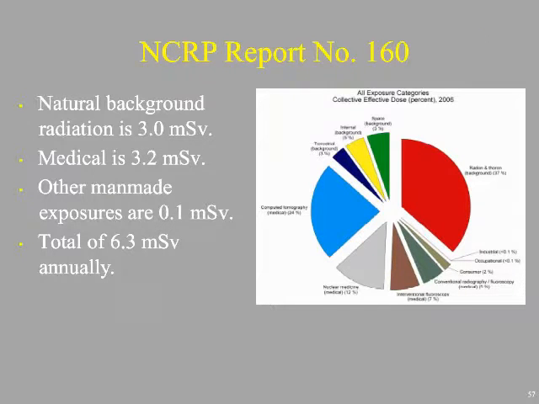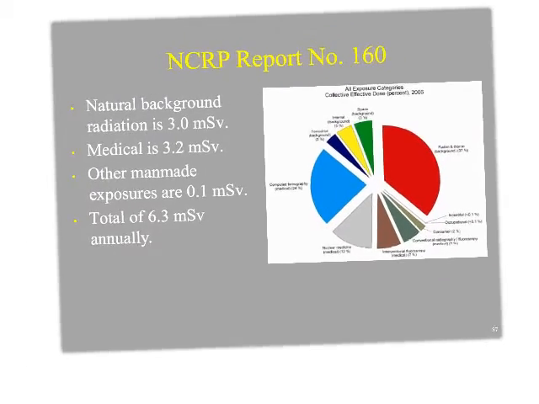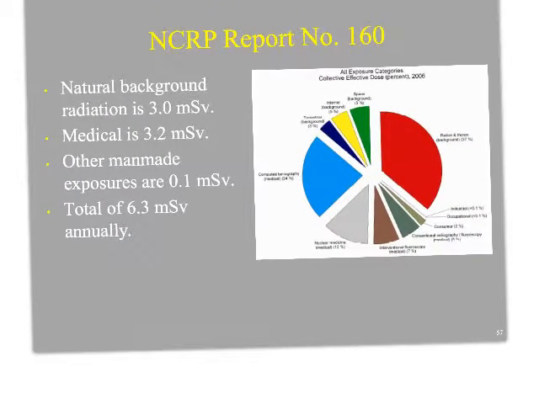The other way that this is used is in NCRP report number 160. This is how these numbers were arrived at. They calculated collective effective doses off of U.S. Census data and moved large data sets and crunched a whole lot of numbers to come up with these approximates, right?